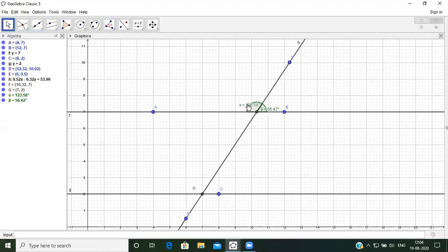Drag the angles so that you can see the angles very clearly. Check the other angles also. So if you observe here, four angles are formed. Now take the angle here at G also.